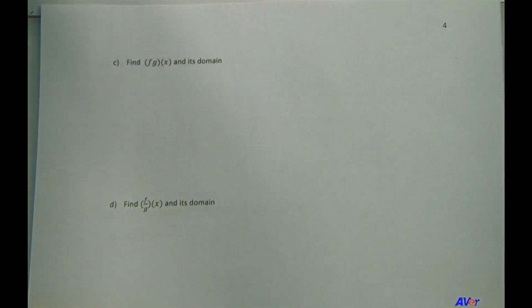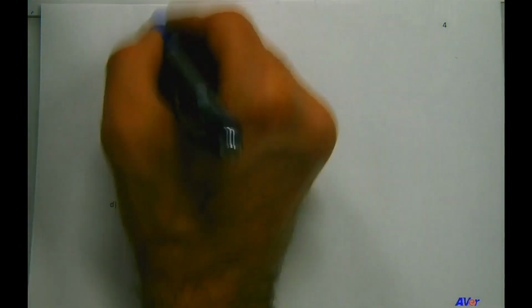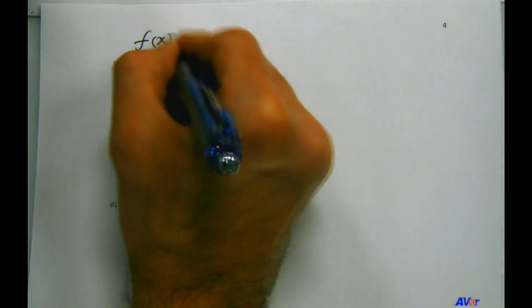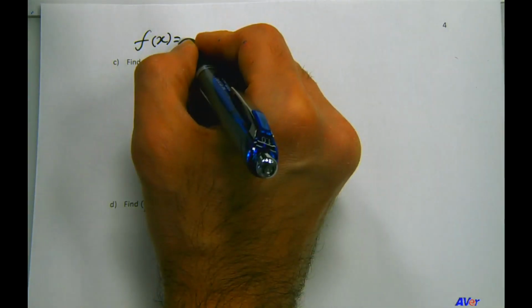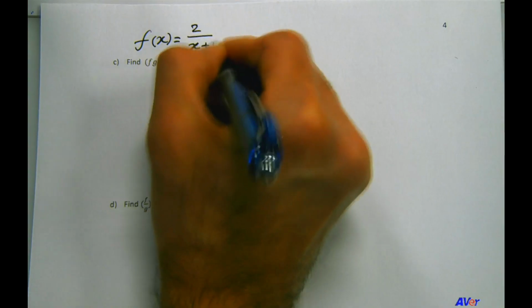So this is multiplication and D is division. And so it's on the screen, let me write down the functions again. So for this, f of x is equal to 2 over x plus 1.